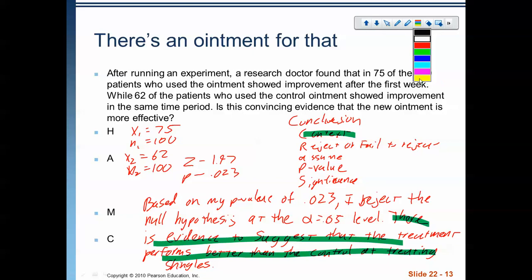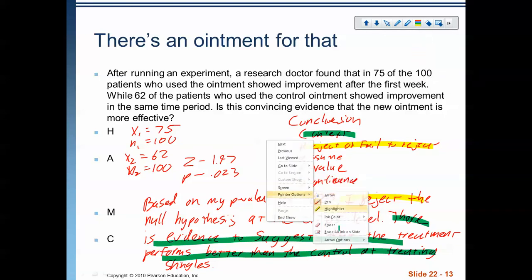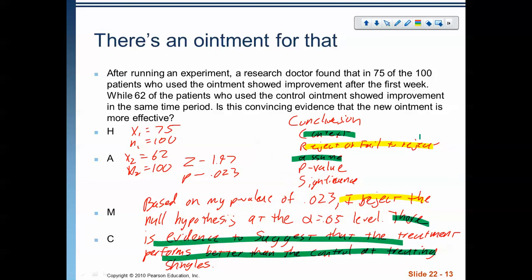I like to highlight things. The reject or fail to reject is me stating that right there. The assumed significance. Oh, I already used green. What am I doing? What do I want? Light blue. We need to highlight that. The assumed significance, what happened? It was supposed to be blue.